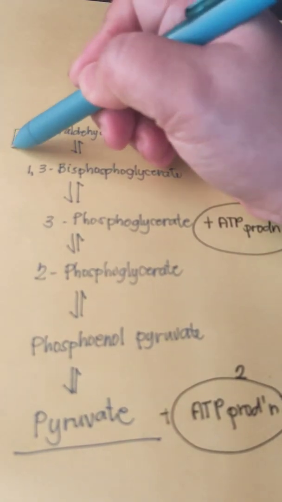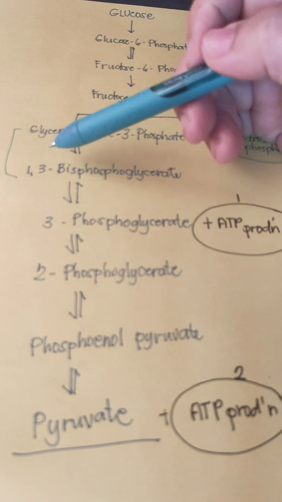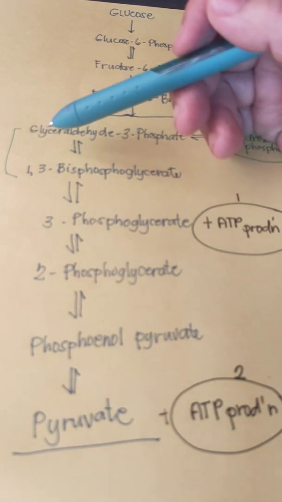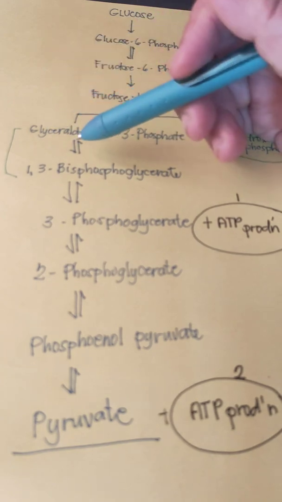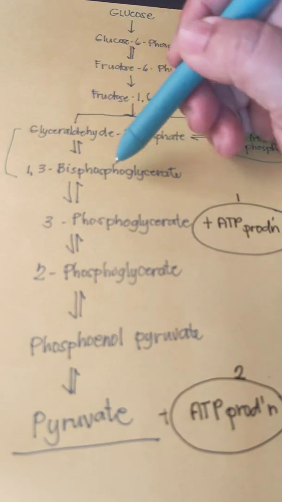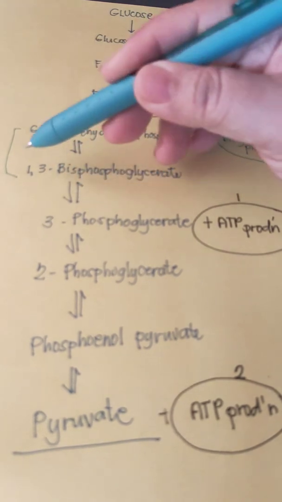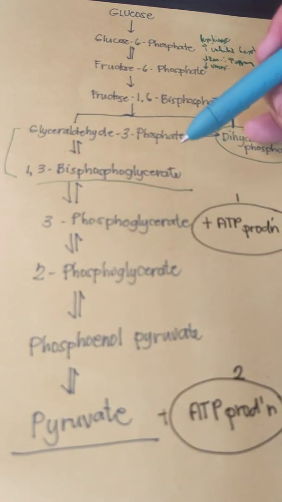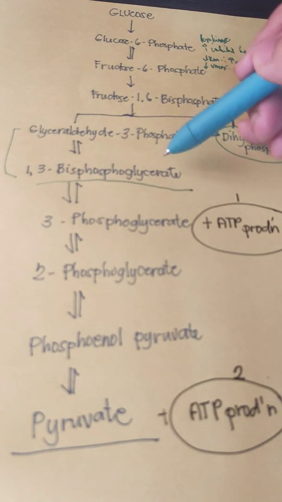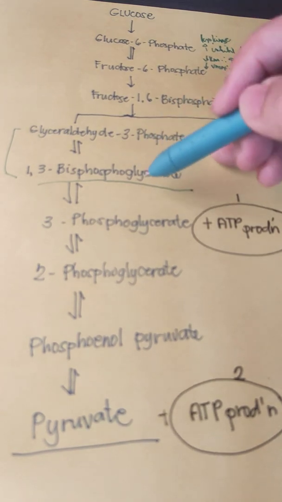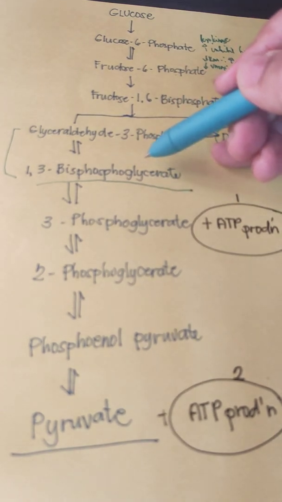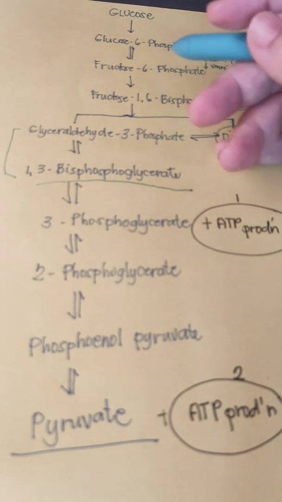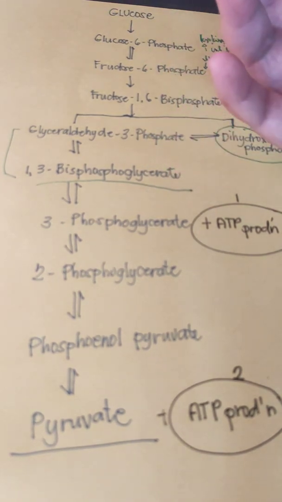This portion is actually the first oxidation-reduction reaction. Take note that your 1,3-bisphosphate is a high energy phosphate. So, where does its very high energy come from? Because of the presence of the ATP, that is actually the reaction.